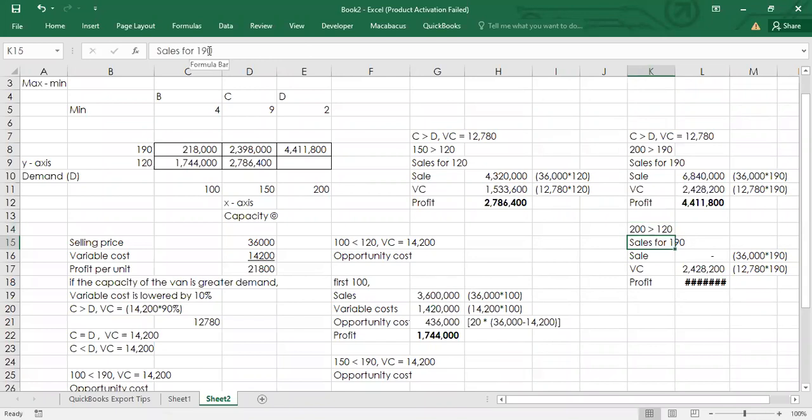So my sales will be equal to the selling price, which is 36,000 times 120, which is demand. The same applies here: it is the reduced variable cost times 120. So giving me this.